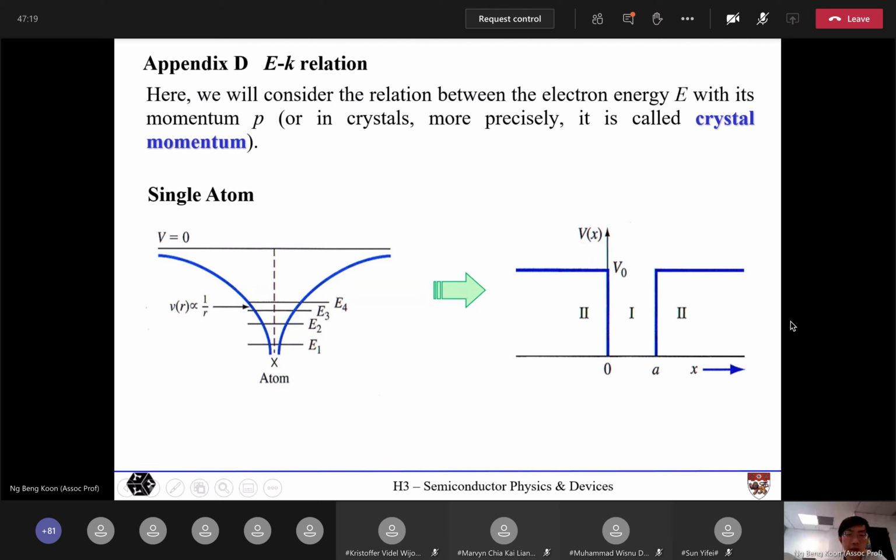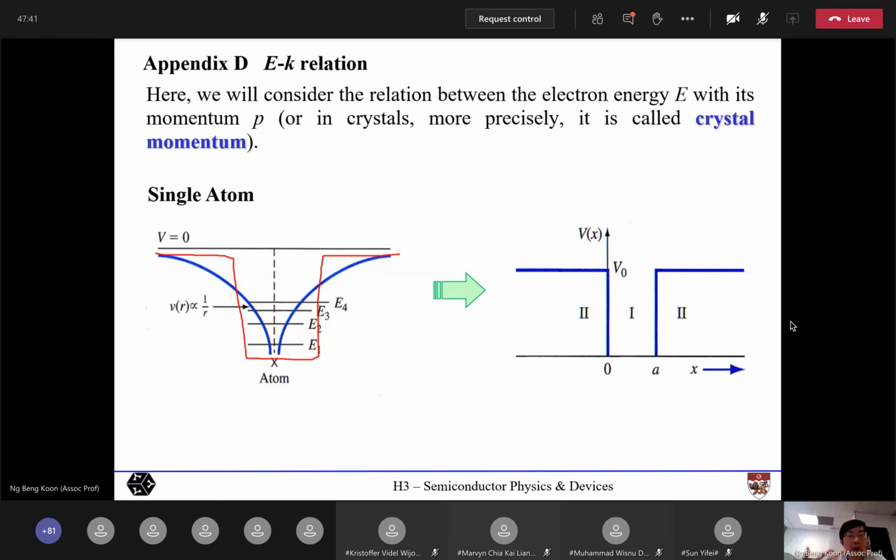If you look at this 1/r relation, we can imagine it as a rectangular sort of well structure. This has the advantage of being a lot simpler because it's just a constant value, it doesn't change with R.